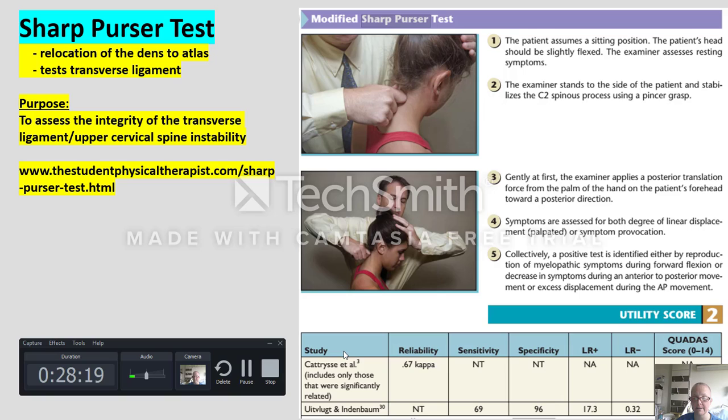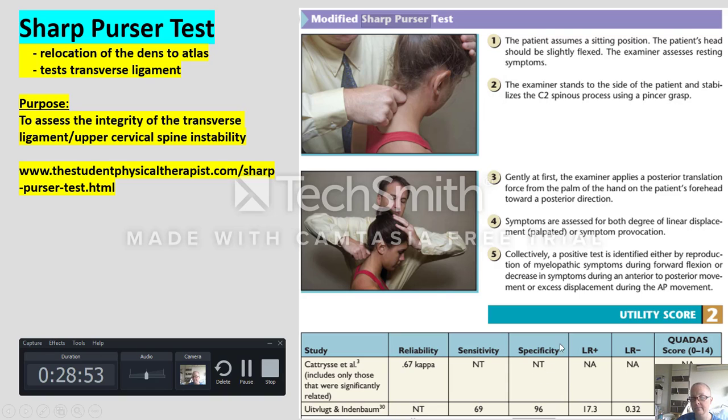And below you can see the sensitivity and specificity ratings here. This study here didn't test that. And this study here got a 69% sensitivity, which means that 69% of those who had the instability tested positive for the test.